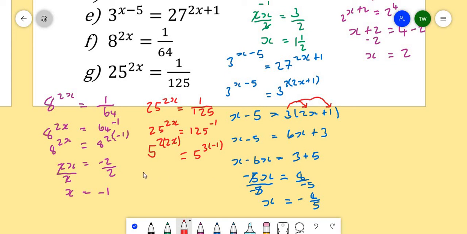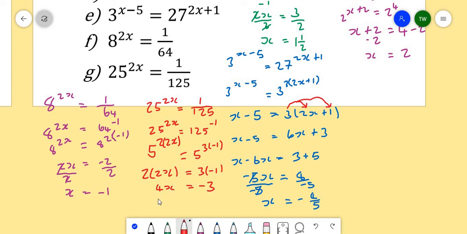So here we're going to have 2 times 2x is equal to 3 times negative 1. So 2 times 2x, that's going to give us 4x, which is equal to 3 times negative 1, that's going to give us negative 3.